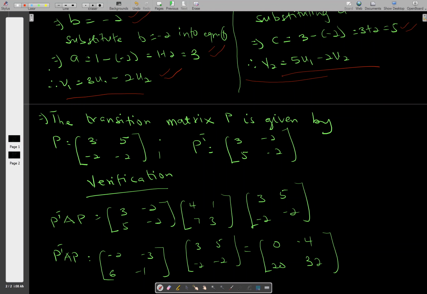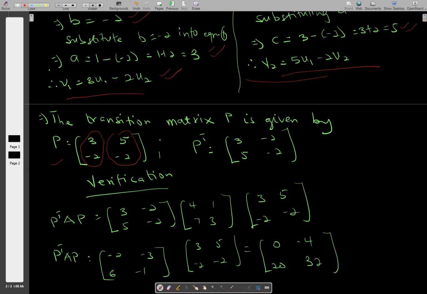That will be the elements in the first column of the transition matrix P. The same thing applies to V2. We have 5U1 minus 2U2, so we have 5, negative 2. So this is our transition matrix.